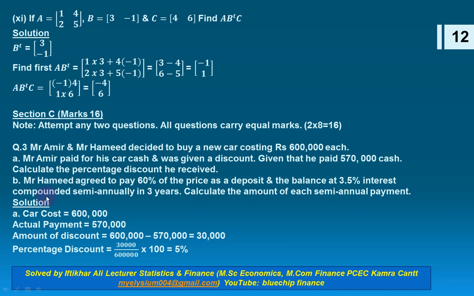Case B is that Mr. Hamid agreed to pay 60% of the price as a deposit, and the balance at 3.5% interest compounded semi-annually in 3 years. Calculate the amount of each semi-annual payment.